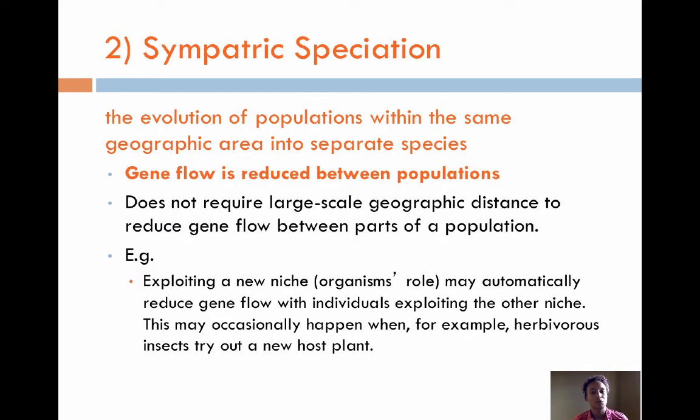We also have times where we can have speciation occur, even if they're in a fairly similar area, and we call this sympatric speciation. And that's when it's within the same geographic area, but gene flow gets reduced. So maybe we have different areas within that environment that things start occupying.